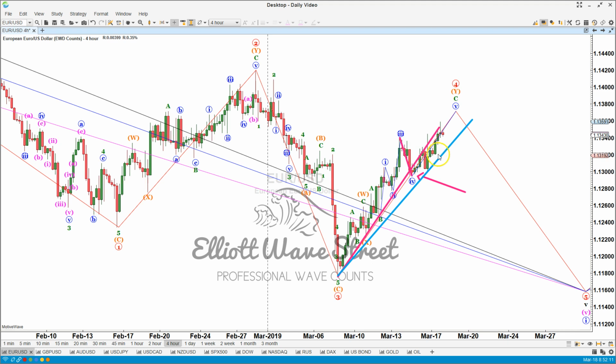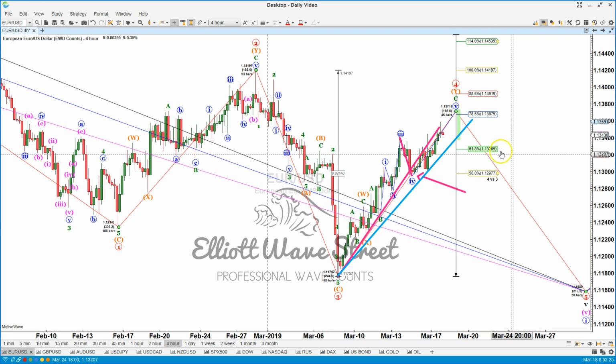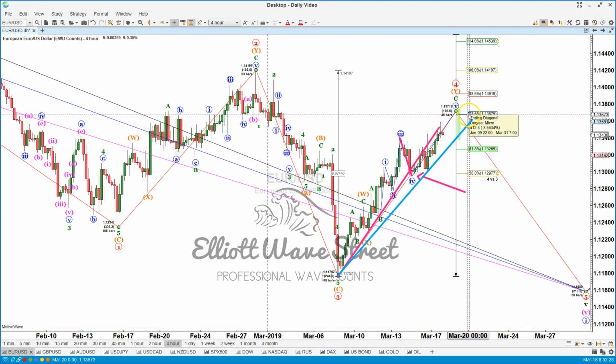So here we are looking for the price to complete the wave 4. This has been a really deep wave 4, and if we add the Fibonacci retrace, the target that we have on the euro is the 113.67 for this week.